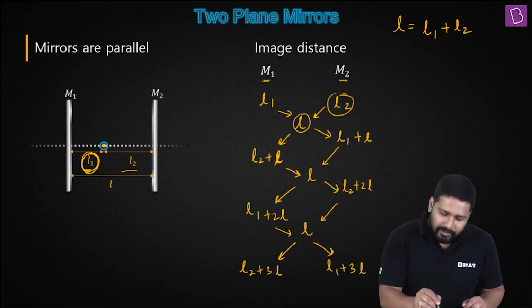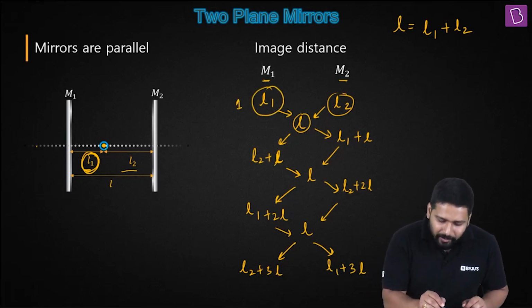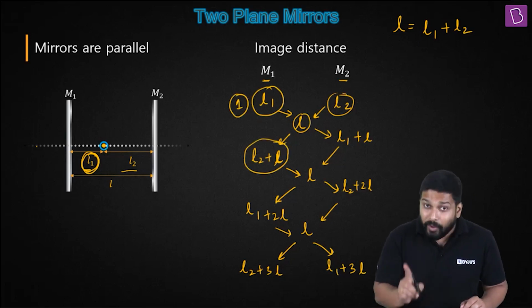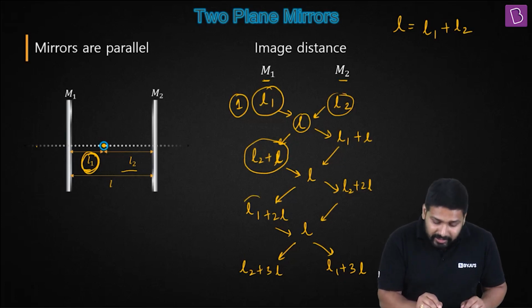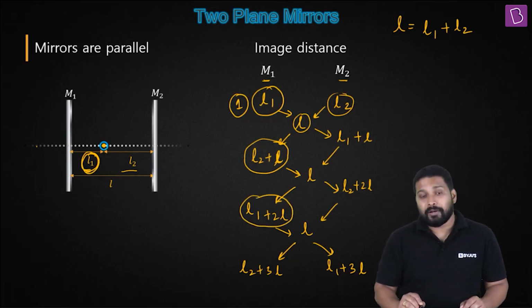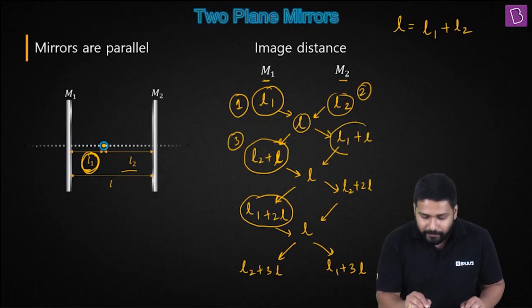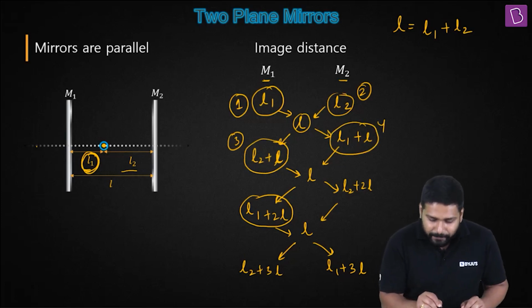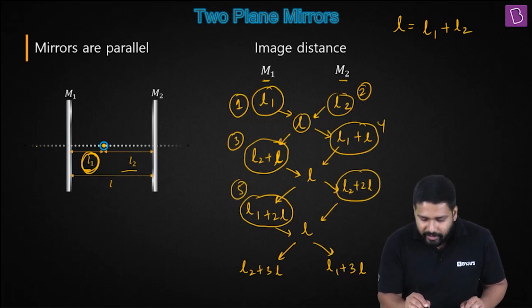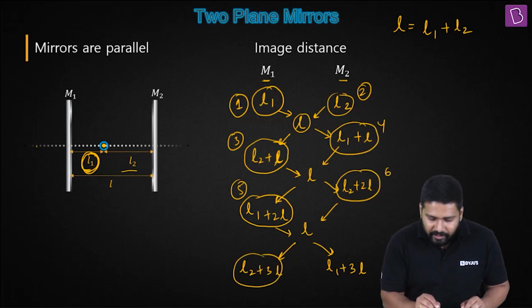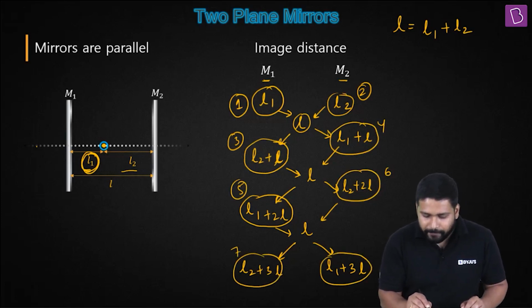Now, this is the first image in mirror number 1. This is the second image in mirror number 1. This is the third image for mirror number 1. And if you count the number of images, this is the first image, the second image, the third image, the fourth, the fifth, the sixth, the seventh, and the eighth image.